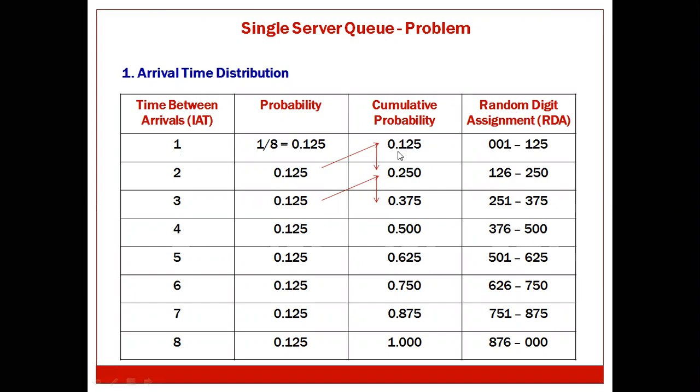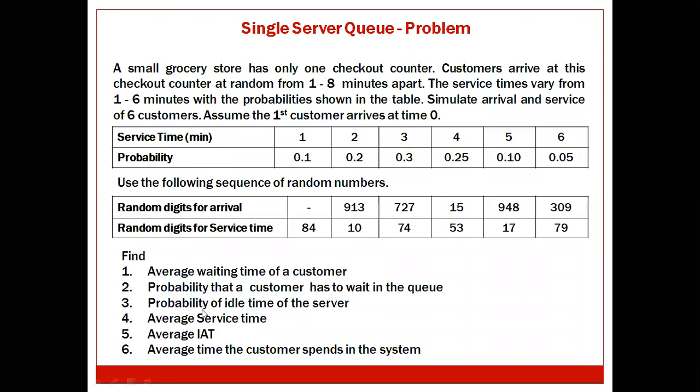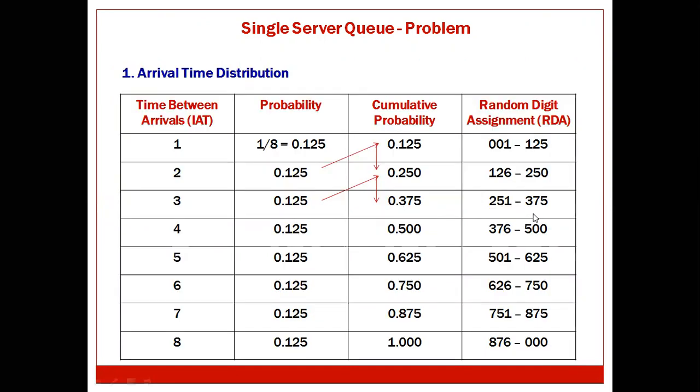What is the cumulative probability for the first row, that is for IAT 1? It is 0.125. So the range will be, you always have to start with 1. So 1 to 0.125, you can write it as 125, because it has to match with whatever random digits are given in the question, like this. Okay, and the second one, we stopped at 125.